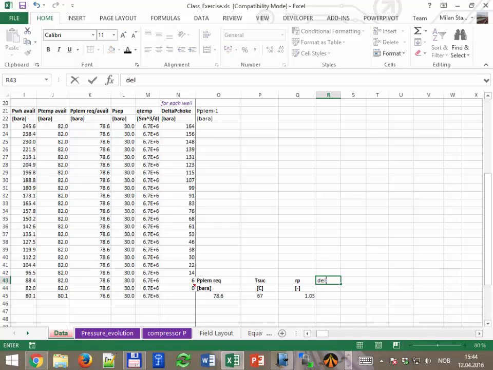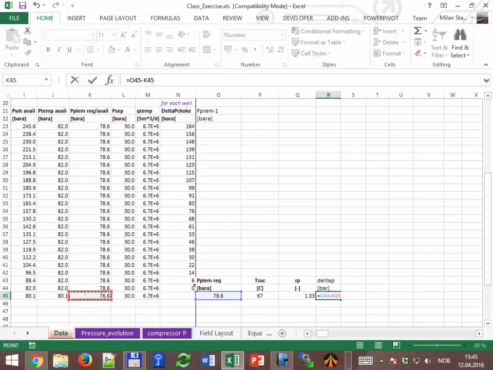And now I will also put the delta P of the compressor in bar. That's going to be the discharge pressure minus the suction pressure, and it's 1.9 bar. Not much.